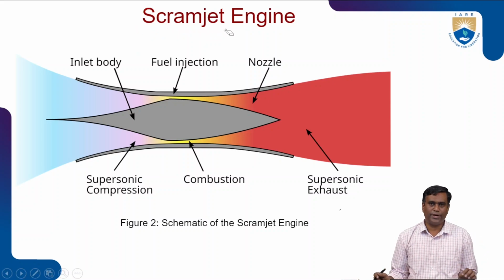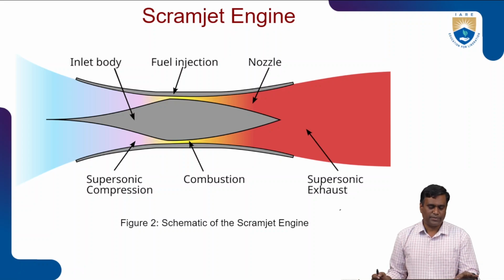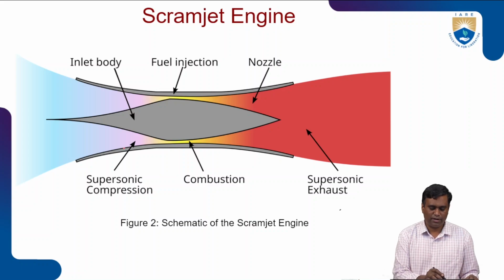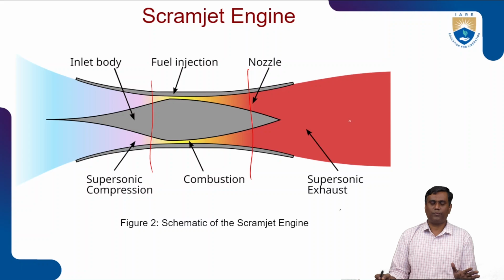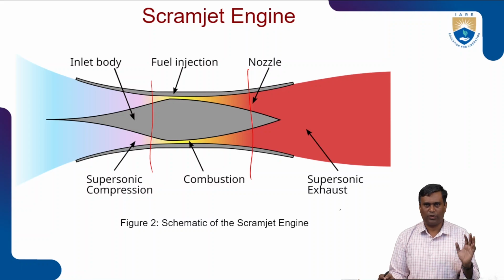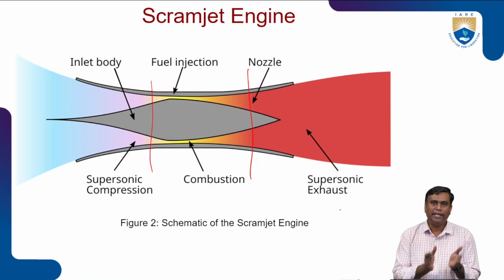These are the components of the scramjet engine. Similar to ramjet: inlet, combustion chamber, and exhaust section. These are the three components only. Here in scramjet also, there are no moving parts, meaning no compressors, no turbines, no shafts, because this is also a ramjet-type engine. The only difference between ramjet and scramjet is the inlet.